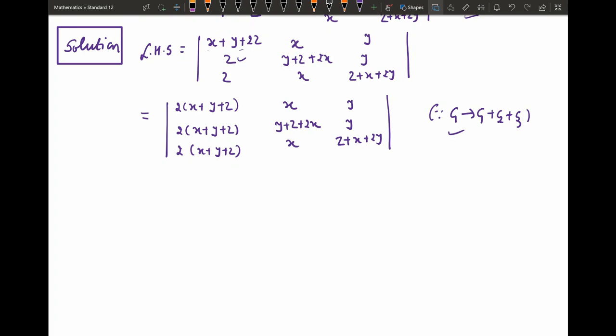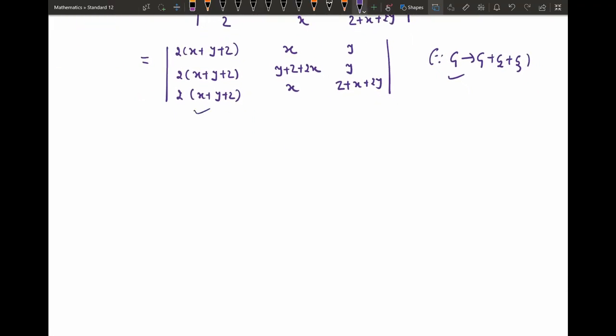Now you can get the idea. We can take 2 into bracket x plus y plus z common from first column. So 1, 1, 1, x, y plus z plus 2x, x; y, z plus x plus 2y.